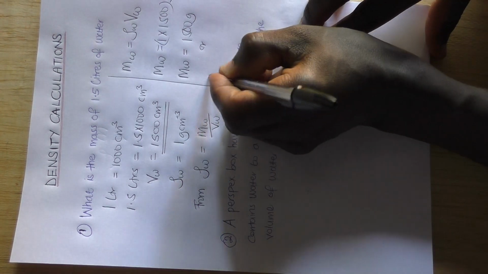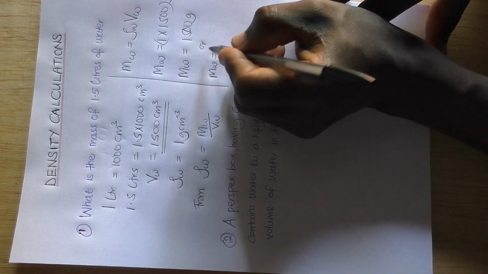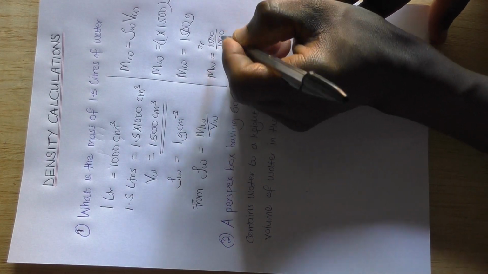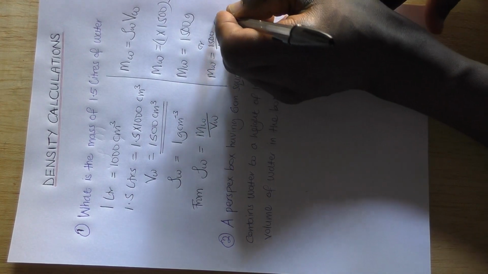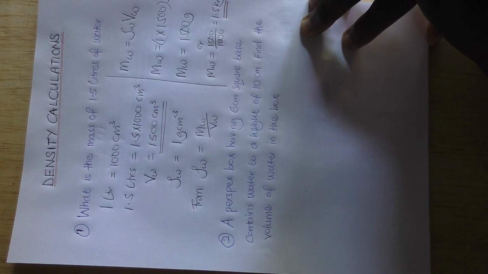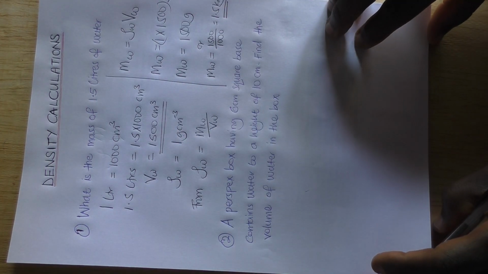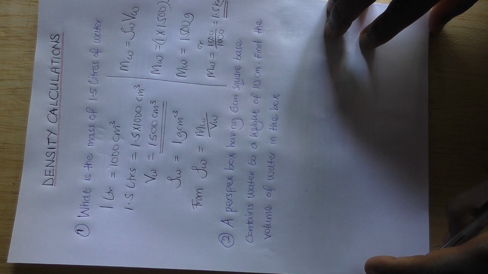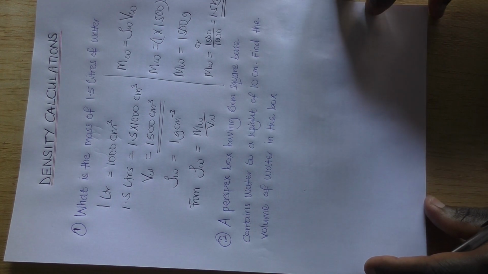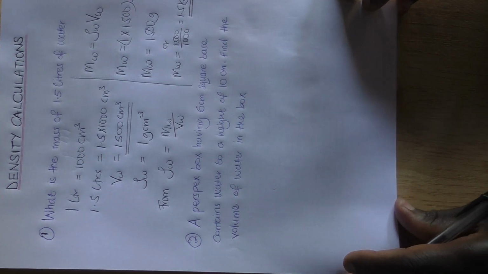That is, we shall get the mass of water as 1,500 over 1,000, giving us 1.5 kilograms. So that is how we shall get the mass of 1.5 liters of water. Let us go to our second calculation.